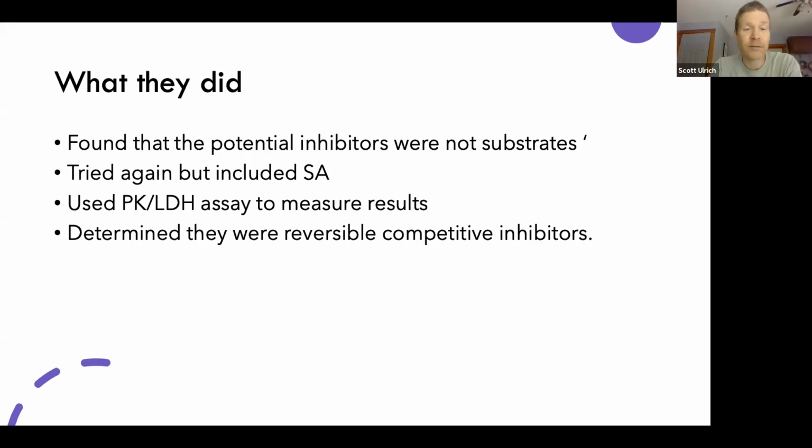But one thing they would want to know is that all of these synthetic molecules, if you add them with ATP to the enzyme, you don't see production of ADP.